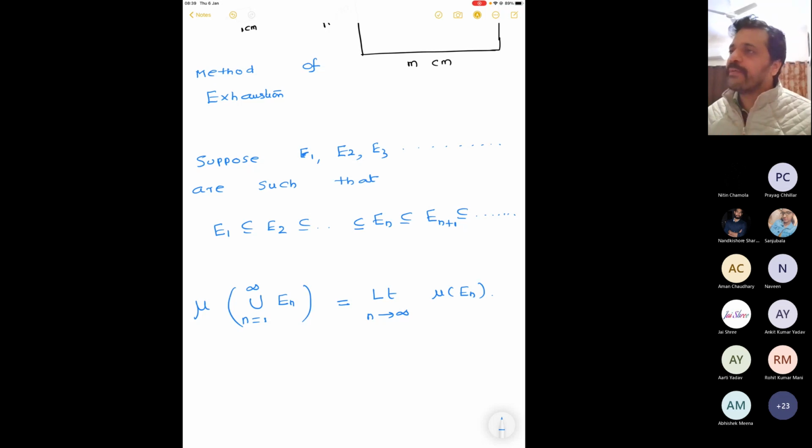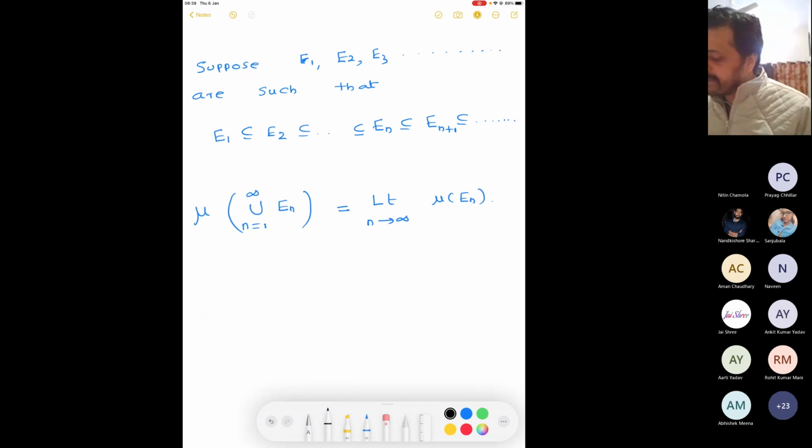Okay, not an arbitrary countable union, because the En are not arbitrary. En satisfy En contained in En plus 1. So let me write it like this.